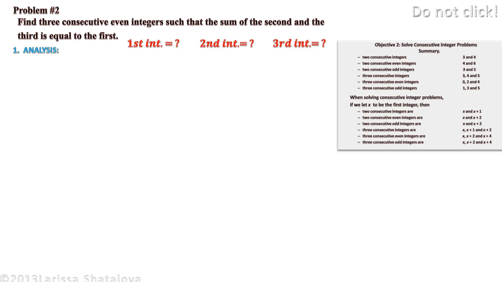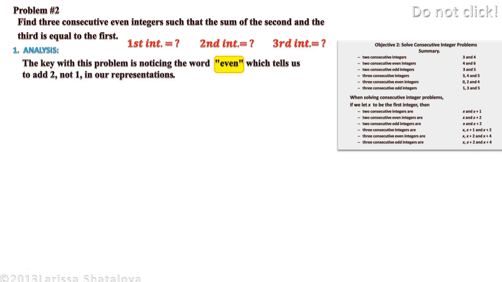The key with this problem is noticing the word even, which tells us to add 2, not 1, to each number in our representation. Let x be the first integer, then the second integer would be x plus 2, and the third integer would be x plus 4.